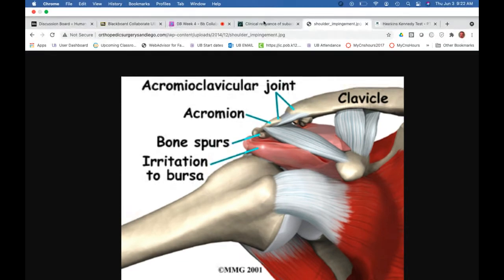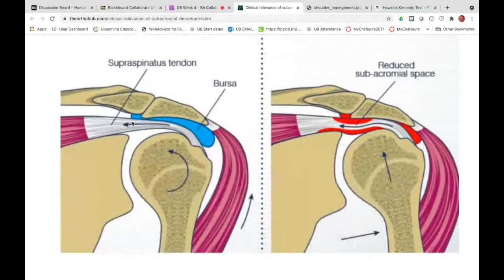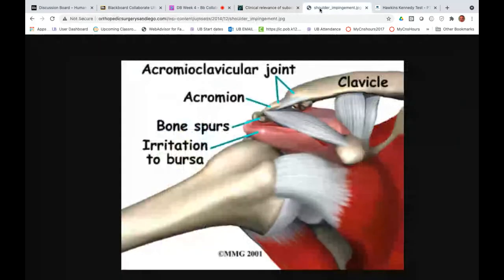If we go back, here's the supraspinatus muscle. And now as this arm goes out to the outside, the head of the humerus, the supraspinatus tendon is going to come up and compress the bursa up against the acromion process, so you can get a bursitis.